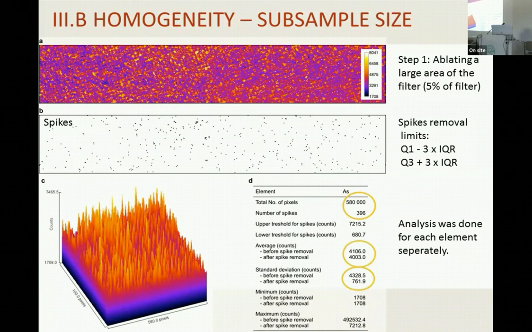And because we wanted to know the average of the whole filter based on measuring only a small subsample, and in a small subsample the spike could have much larger weight than other pixels, we concluded that for this method it is necessary to remove spikes before the analysis.